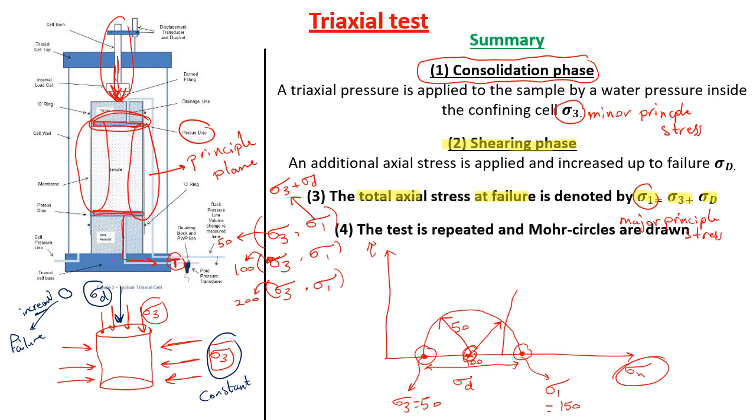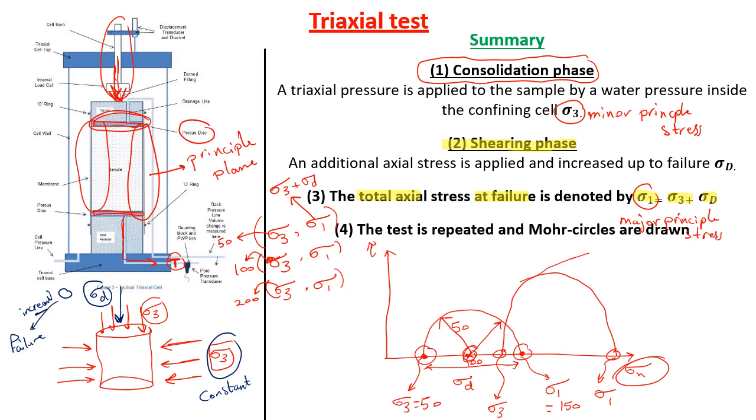You will draw the second Mohr circle in the same way, just like the first Mohr circle, by knowing the new values of sigma 3 for the second test and sigma 1 for the second test. Then you will plot a tangent to this Mohr circle. You have to draw one tangent to both circles.